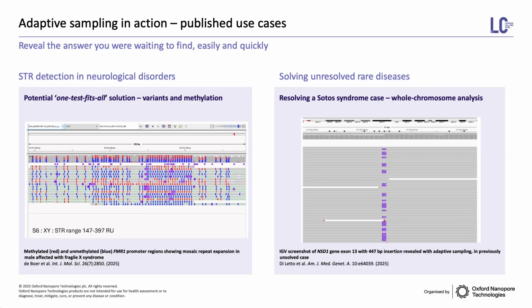They applied their raw data to the Epi2me workflow on samples from 12 affected individuals, and they achieved concordance with results from their previous diagnostic test in 22 of their 23 STRs. The take-home message from their paper is that the ability to concurrently detect SNVs, indels, and methylation really offers potential for a one-test-fits-all solution in the future.